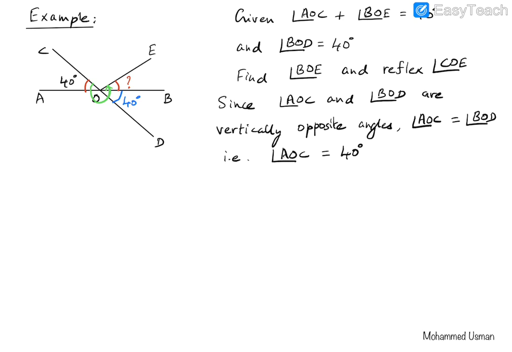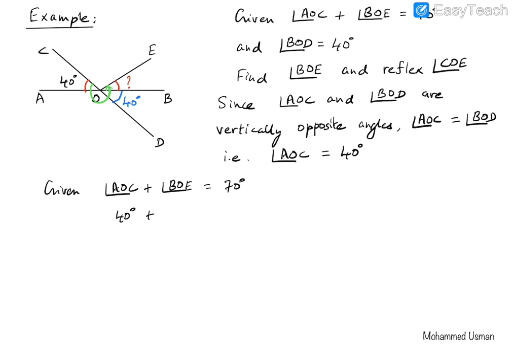The next piece of information given to us is AOC plus BOE is 70 degrees. So from this we can find what is BOE. So given angle AOC plus angle BOE equals 70 degrees, we can substitute for AOC to be 40.